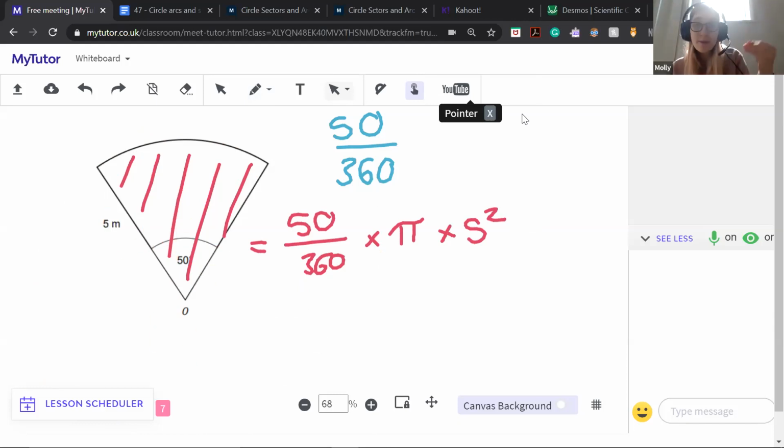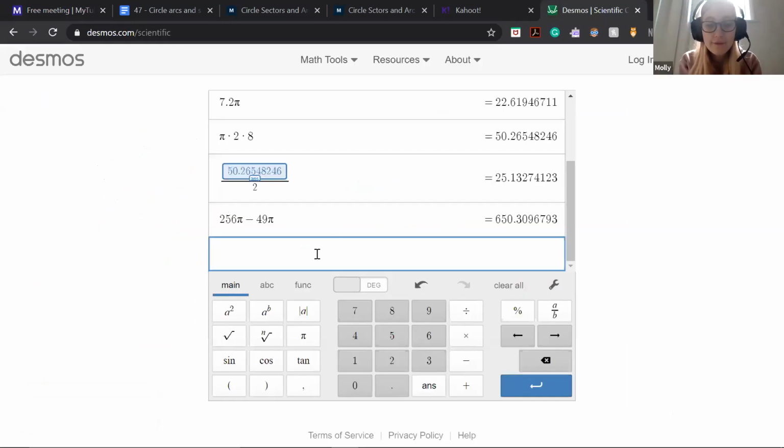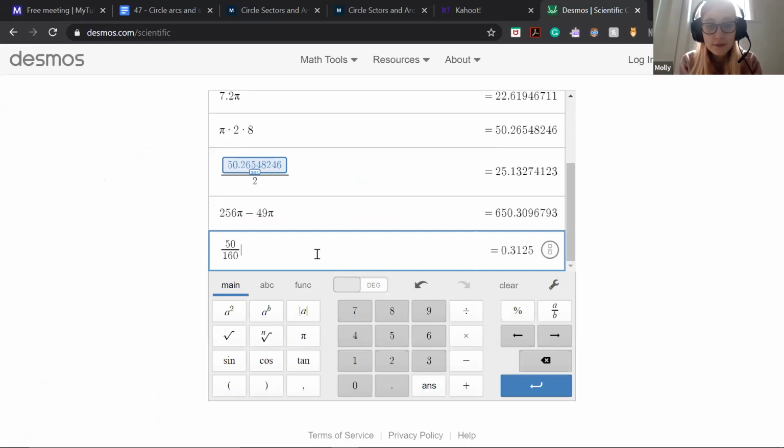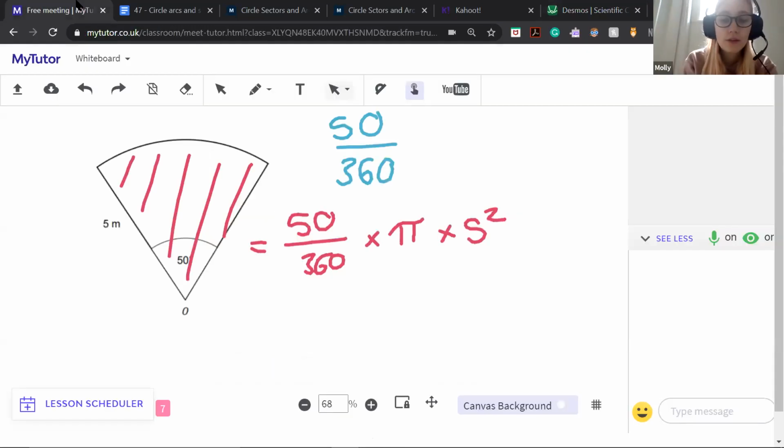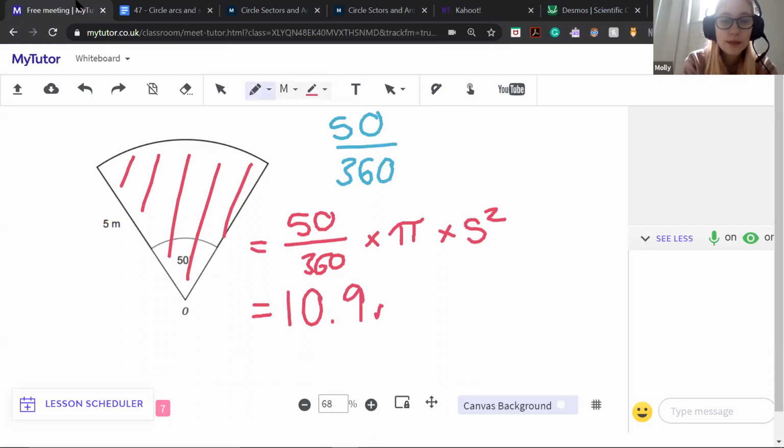So we just multiply it by 50 over 360 and we'll get our solution. So if we do that here, 50 over 360 times pi times 5 squared, 10.9 meters squared.